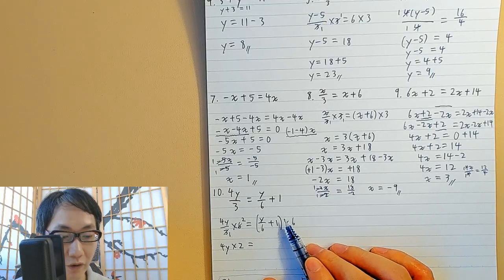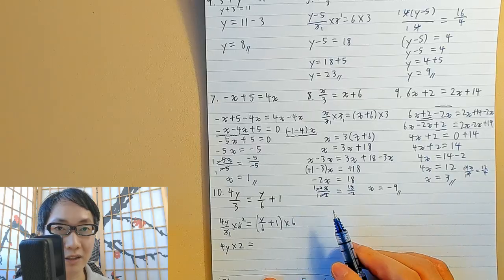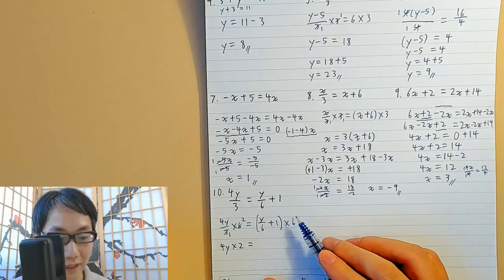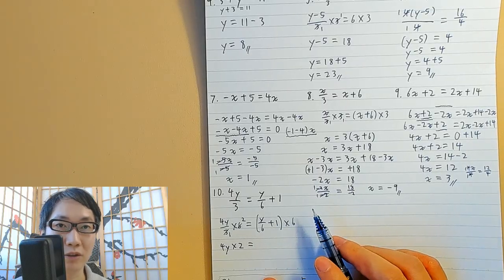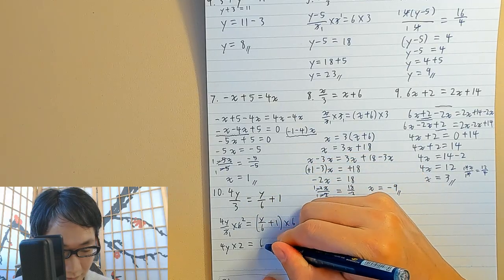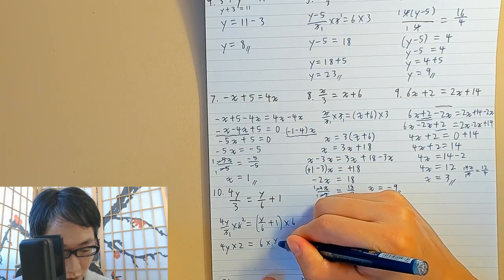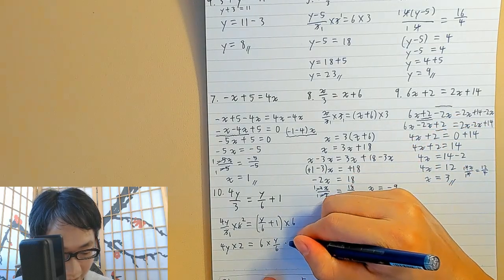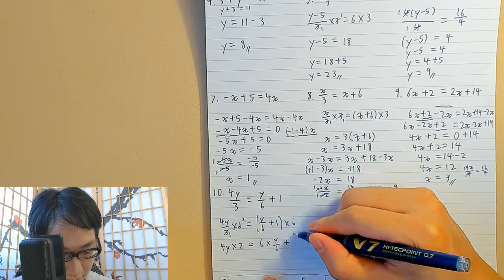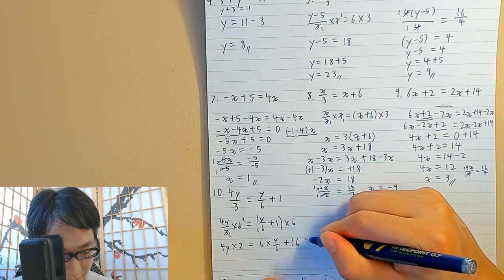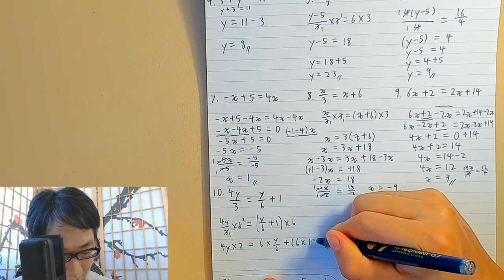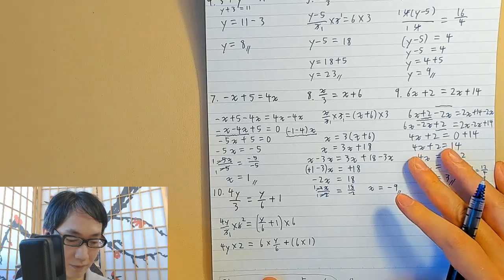Both of them are in the bag, and we have 6 of these bags. Which means I have 6 of this term and 6 of this term, positive 1. Okay. So I have 6 times y over 6 and 6 times positive 1.